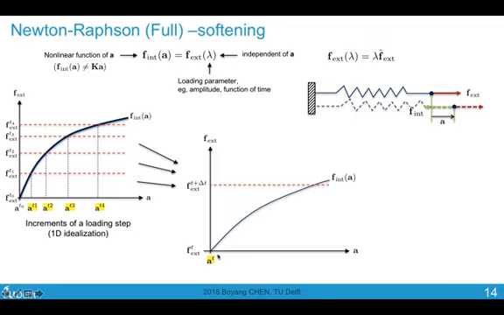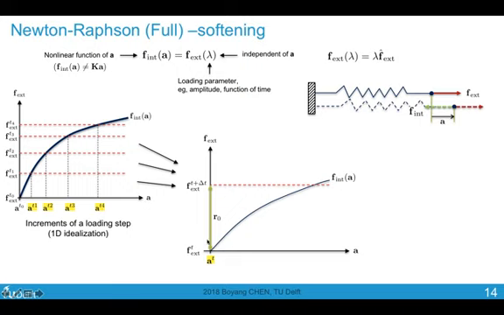In this graph, I start with the previous equilibrium position, characterized by A at t and F external at t. And I know that I want to apply the load of the current increment, t plus delta t, for instance. To find this new point, the full Newton-Raphson method would start with finding the residue between the current load level and the previous load level.